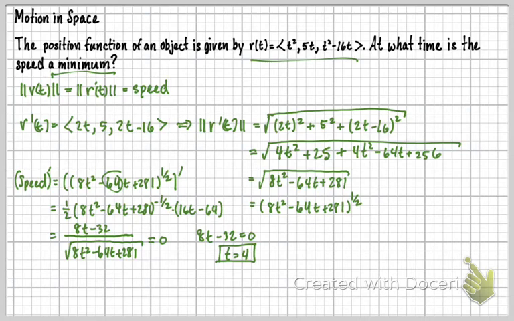So to find if it's a max or min, we can use the second derivative test. That means I take the derivative of this here, the 8t minus 32, and then I just plug in t equals 4. And if it's positive, then it's concave up. And if it's negative, it's concave down.